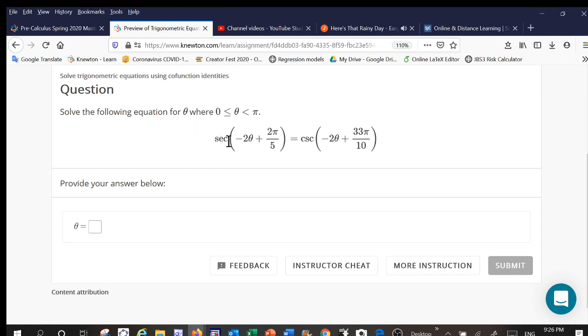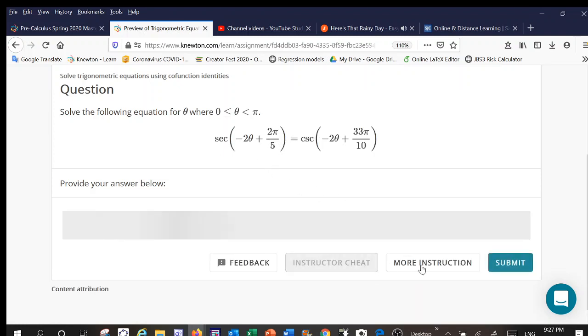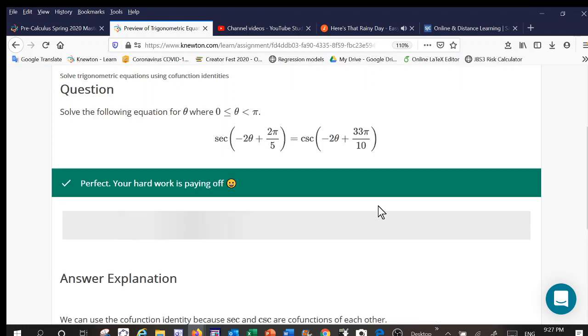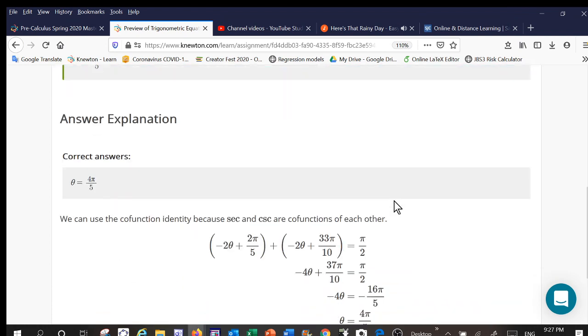And this one, secant equals cosecant. So secant is 1 over cosine, and this is 1 over sine. Well, you have to write a connection between them, secant and cosecant. So let me see if we have something to work with.